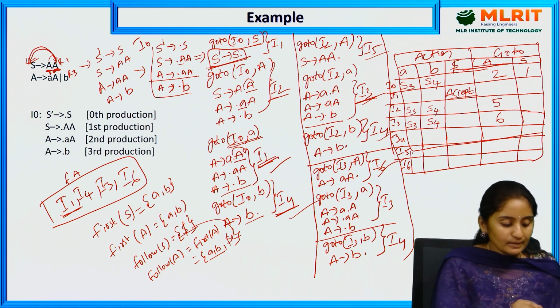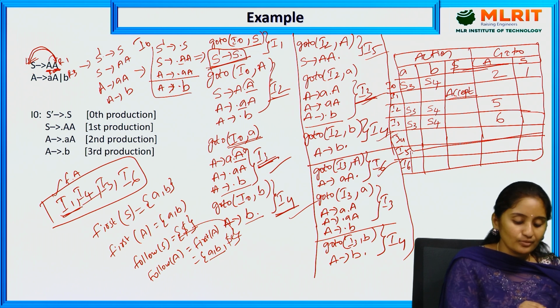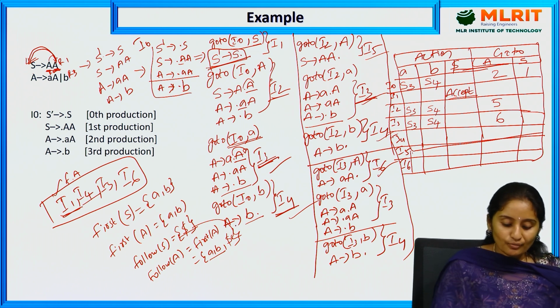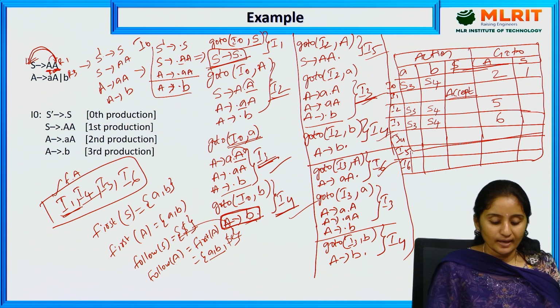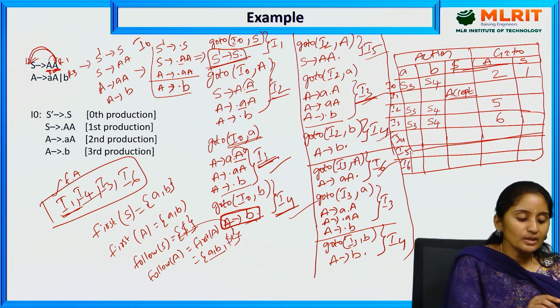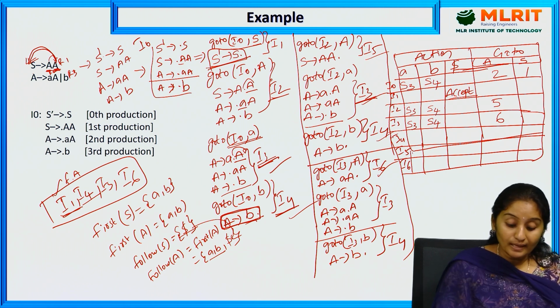This is completed. Next, I4. What is the production I have here in I4? A tends to B dot. Go to the original production of this one. What is the LHS part of A tends to B dot?